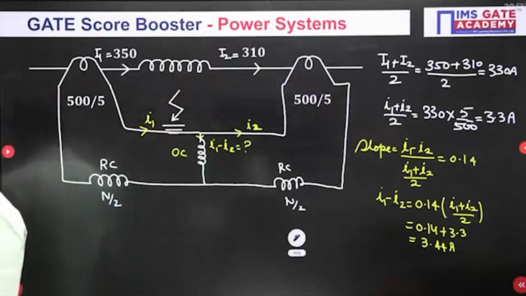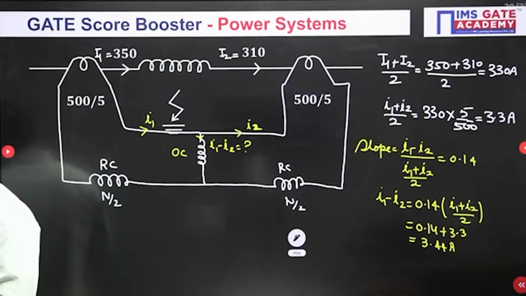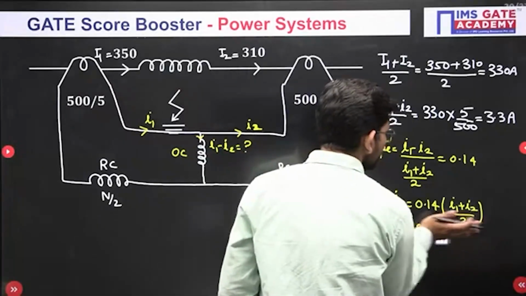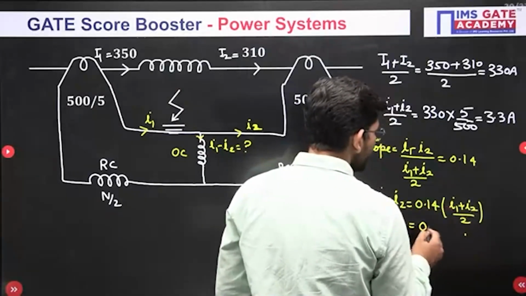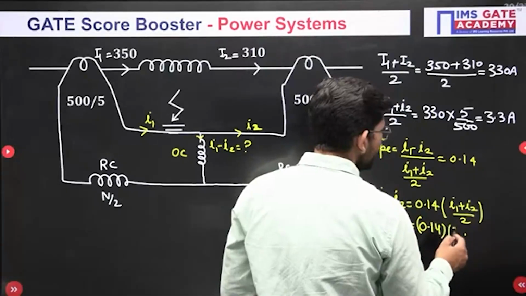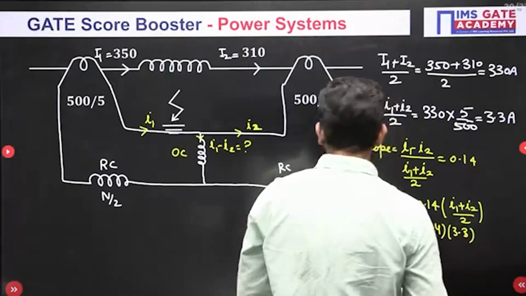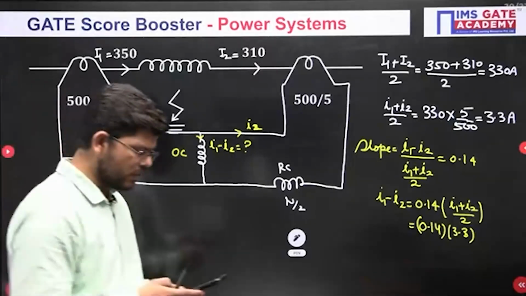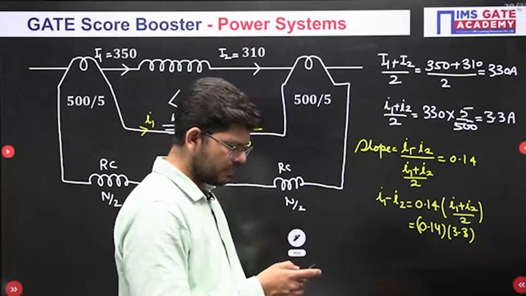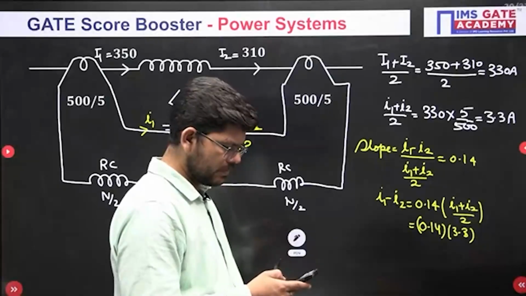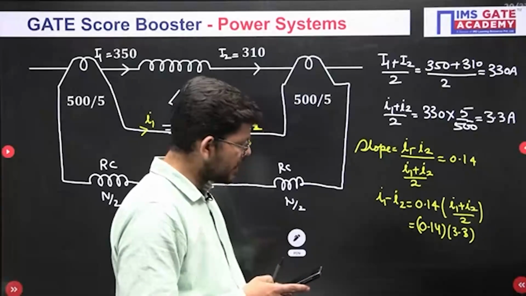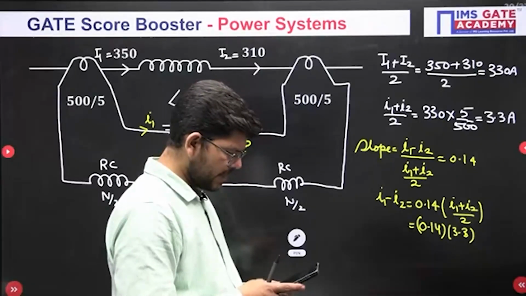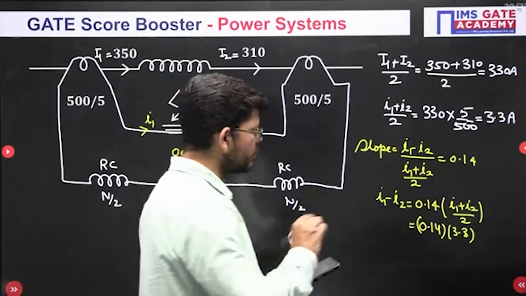Is that correct? No. We have to multiply. I have added, this is wrong. So 0.14 into 3.3. Just multiply this and tell me the value of I1 minus I2. 3.3 multiplied with 0.14, you will get 0.462.